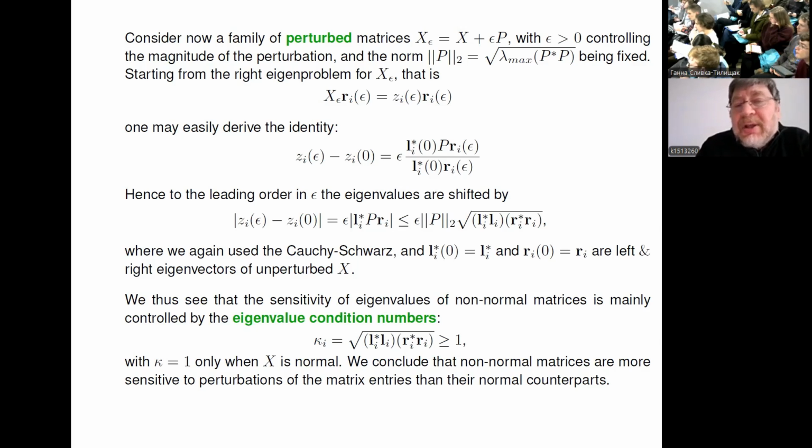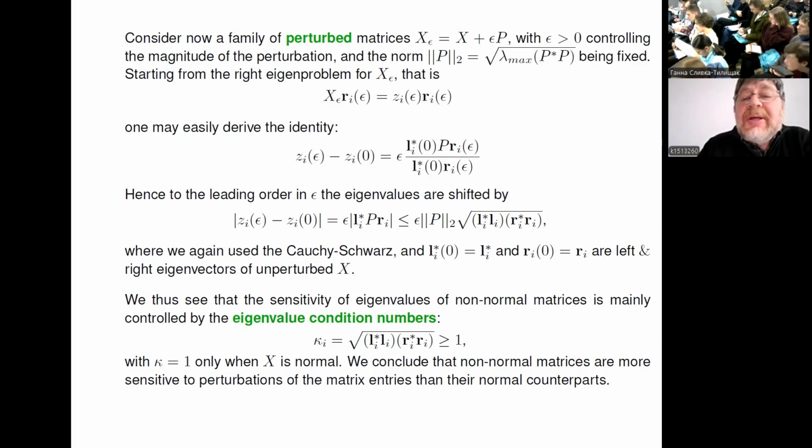If we consider, as we should, this parameter epsilon small, then in the leading order in epsilon, in this ratio we should put epsilon equal to 0.